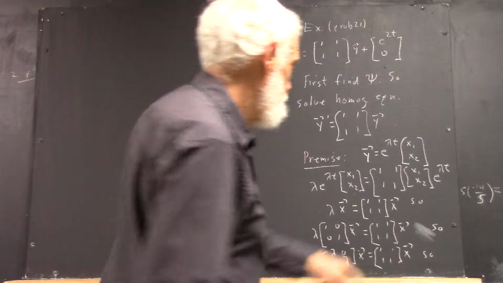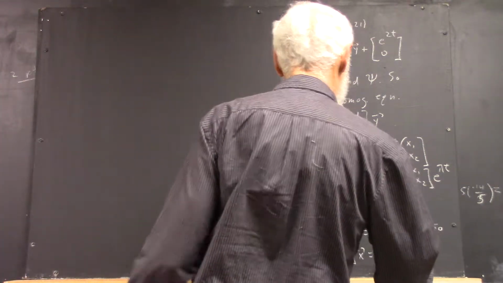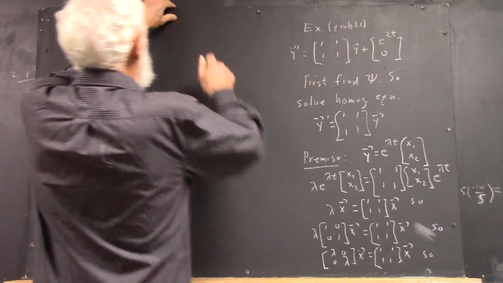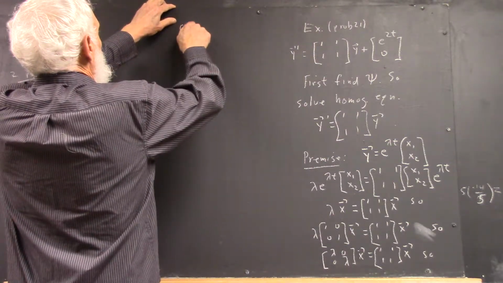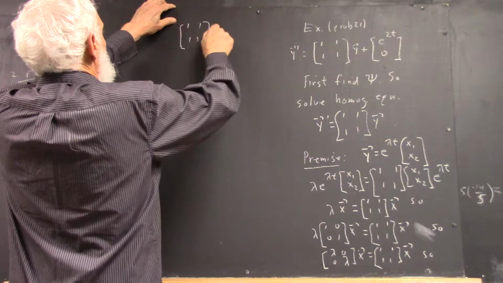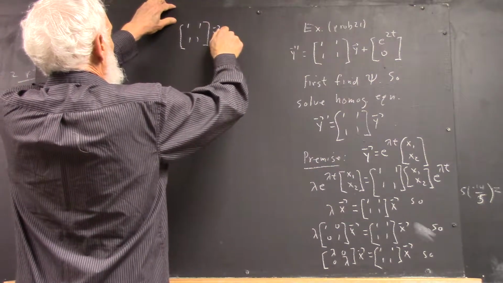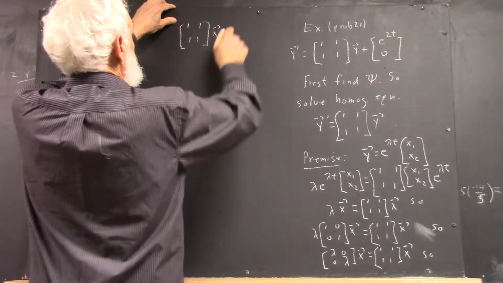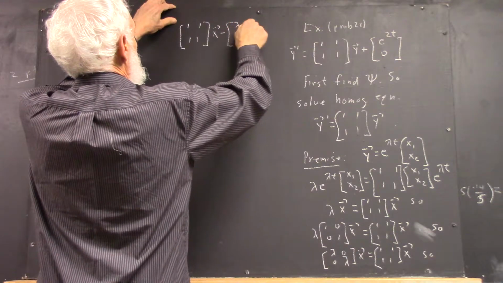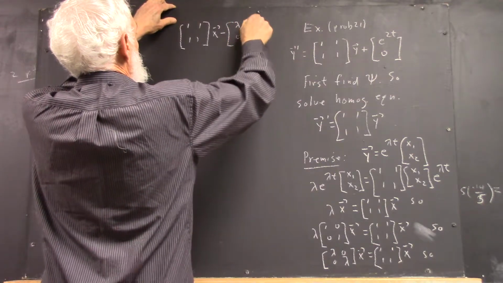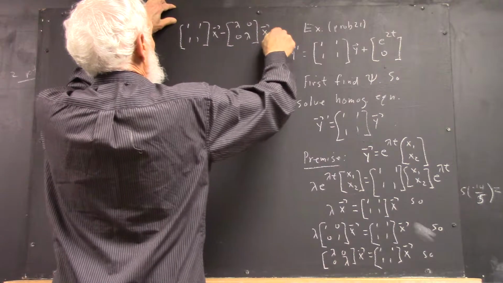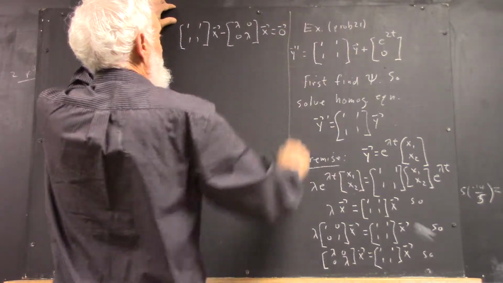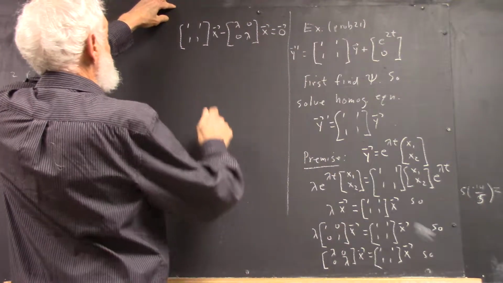Okay, so we have this. So clearly we could write 1, 1, 1, 1 x minus lambda 0, 0 lambda x equals 0, 0 vector.